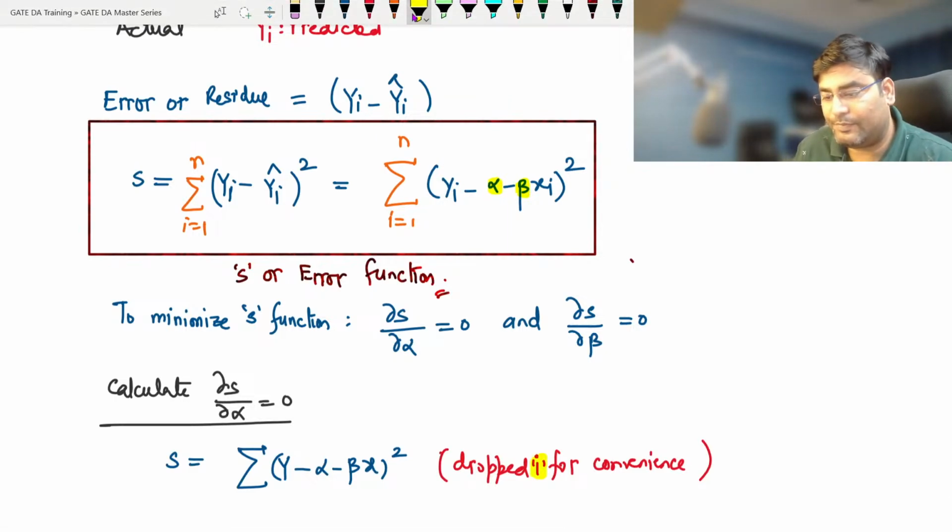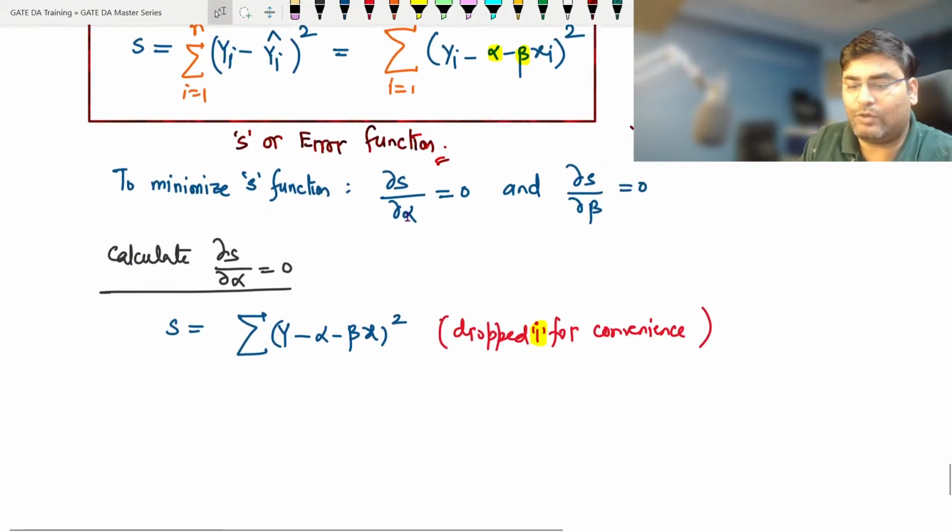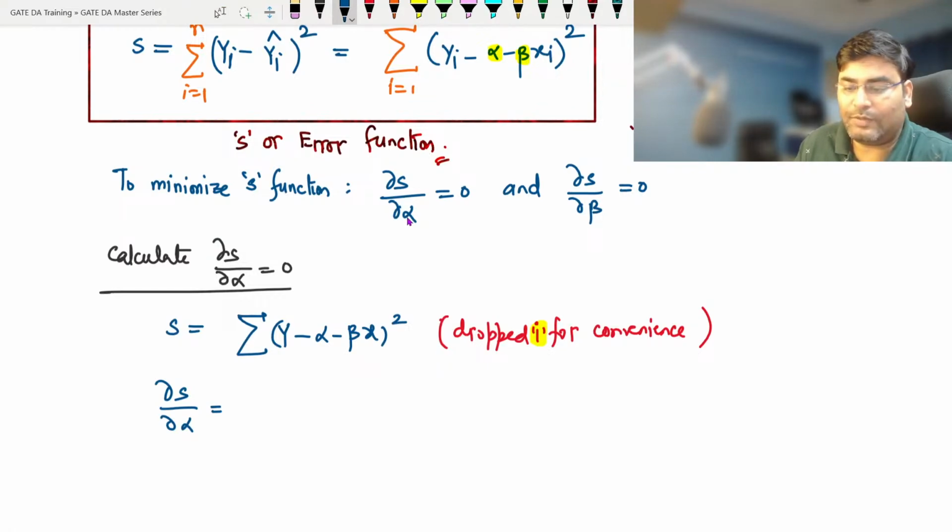So now I'm going to partially differentiate this with respect to alpha, which should be very easy. As per the concept of differentiation, you have to apply the chain rule. So this whole thing will become 2 times sigma, and you'll write it as it is, y minus alpha minus beta x.